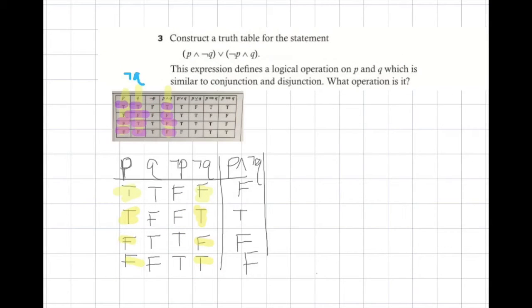Okay, the next expression I want to evaluate is not P and Q. Okay, and I'm just going to erase this here. So now we're looking at the AND argument still, which is this column.